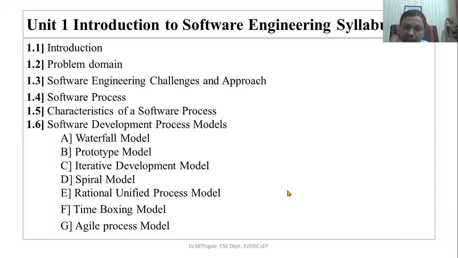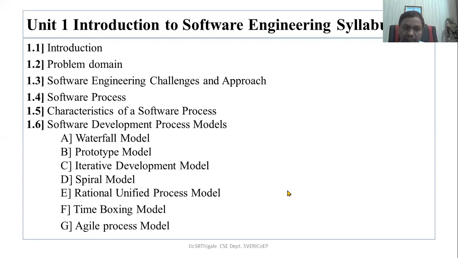The instructions we collect are combined to form a program, and a collection of programs plus associated documents we call software. Once we knew the software, we discussed the basic difference between software and hardware. Then we discussed why there is a need to study the software engineering subject.